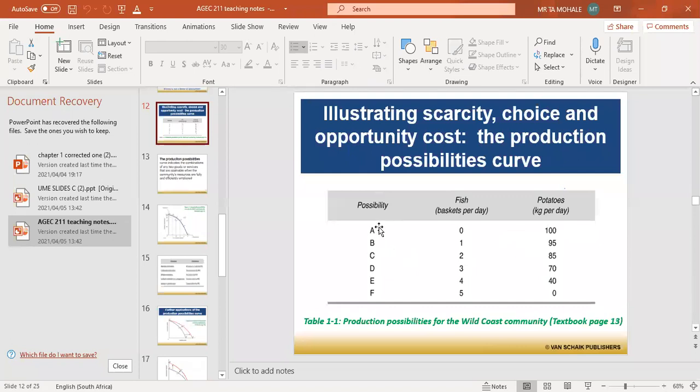So if they ask you in the test or in the exam or in the assignment to calculate opportunity cost, this is what you have to do. If they say calculate the opportunity cost of combination A, the marks will guide you. When they say, you will be guided by the marks.